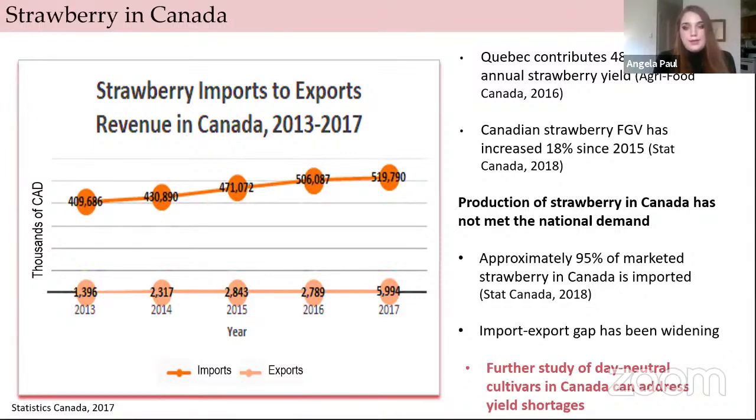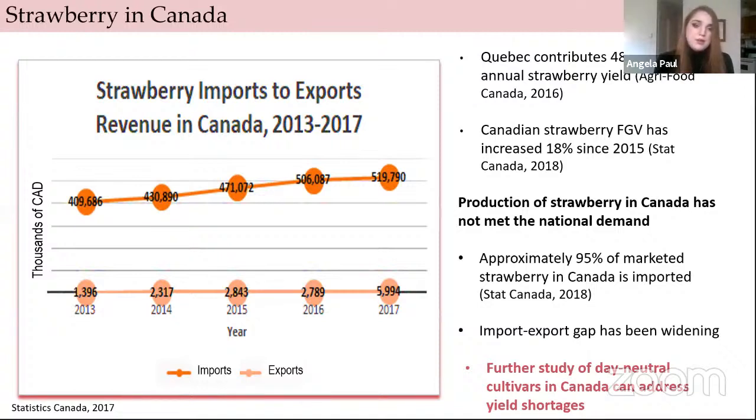Although strawberry is increasing in value, however, the production of strawberry in Canada is nowhere close to meeting the national demand of strawberry within the country. In fact, approximately 95% of all marketed strawberry within the country is imported from elsewhere, mostly the United States and Mexico.